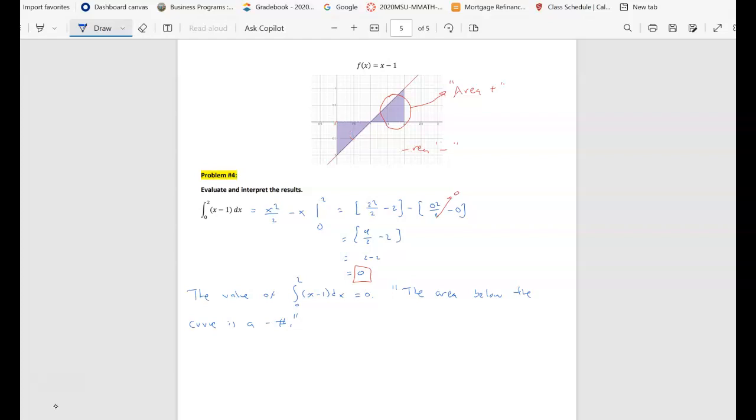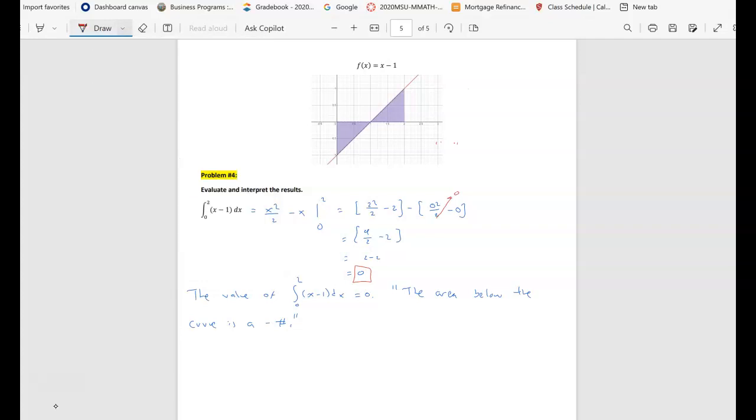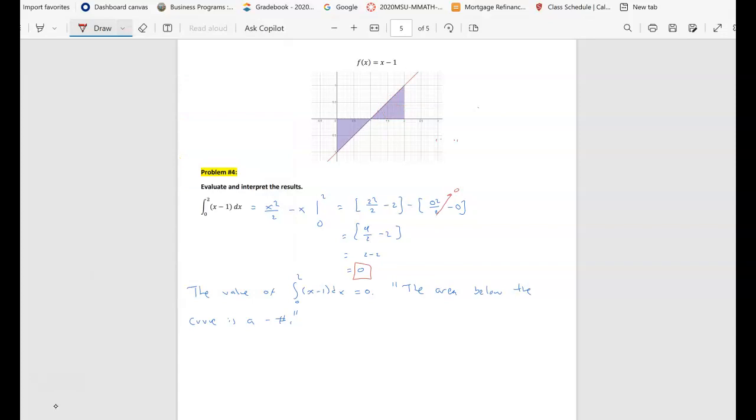Now, for another problem, a completely different problem, they may want us to consider the following due to an application, meaning this portion up here as a positive value, meaning it's going to be area 1 as a positive, and then also this one could be area 2 as a positive value.